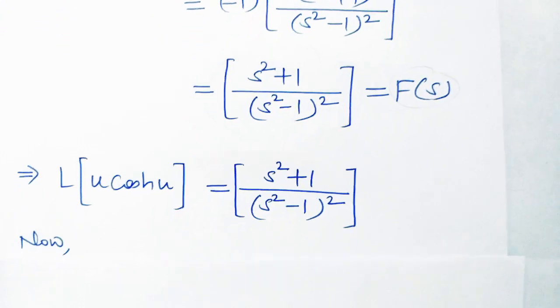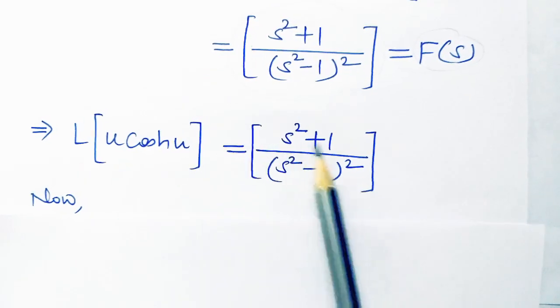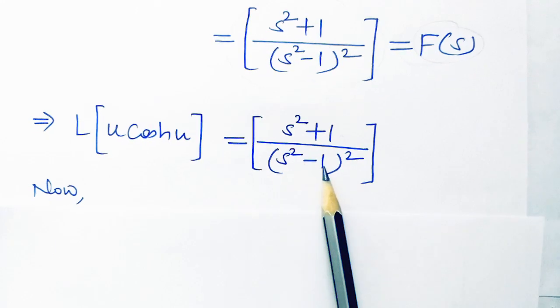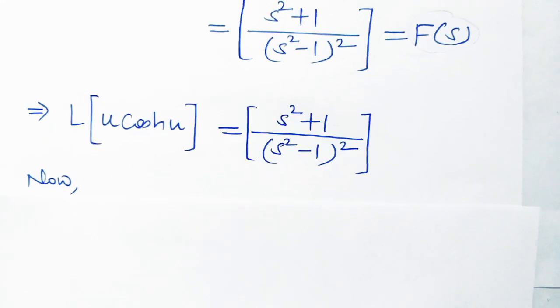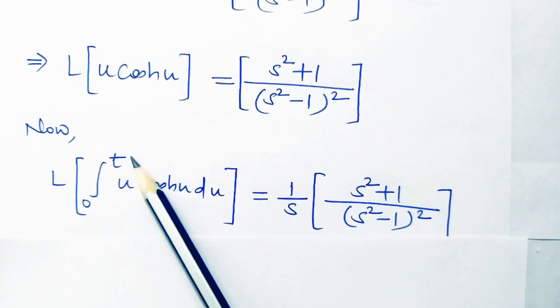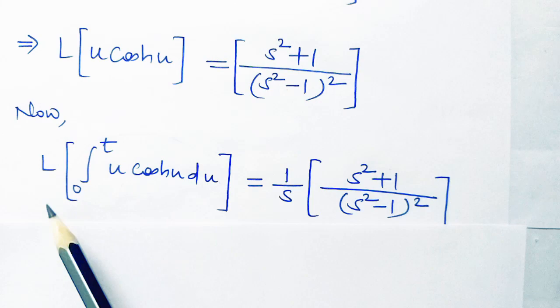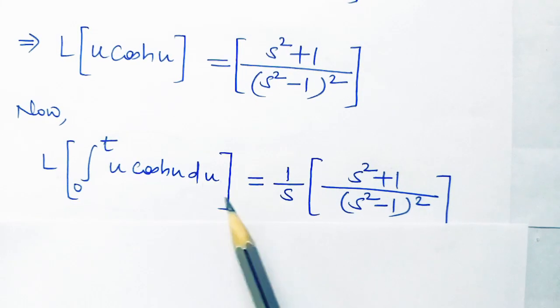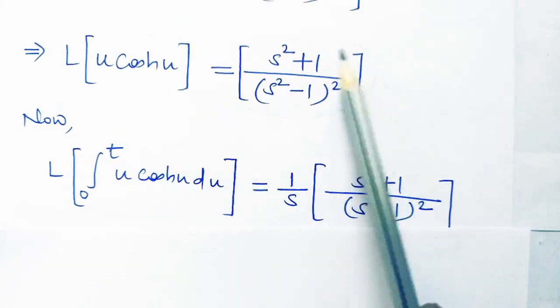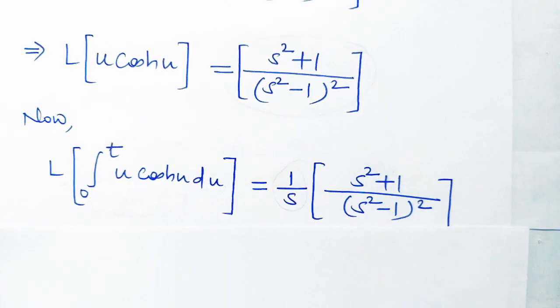So here, since Laplace of u cosh of u is s square plus 1 divided by s square minus 1 the whole square, now we will introduce on the left hand side the limit of integration between 0 to t of u cosh of u du, and finding its Laplace transform is the same as this F of s multiplied with 1 by s.